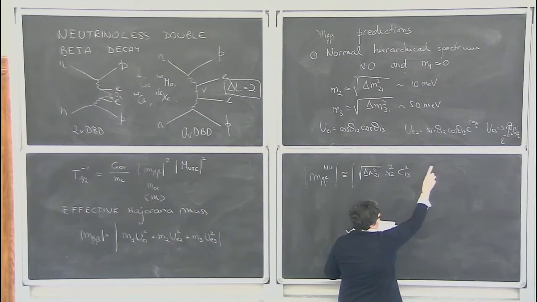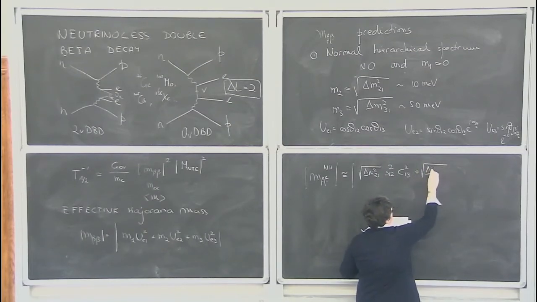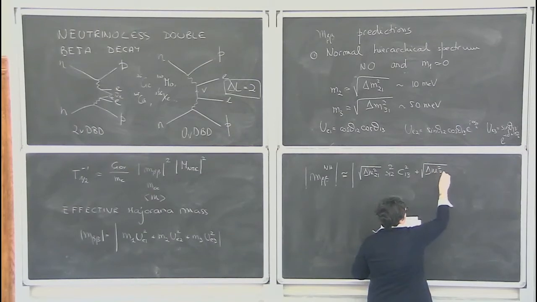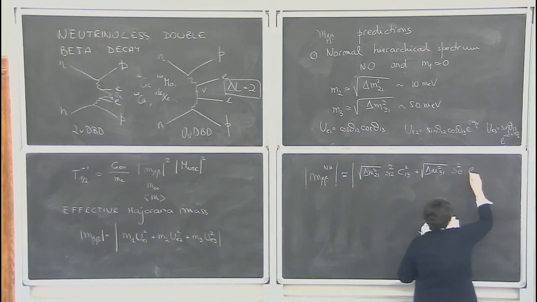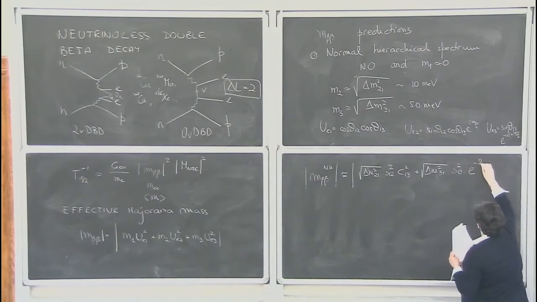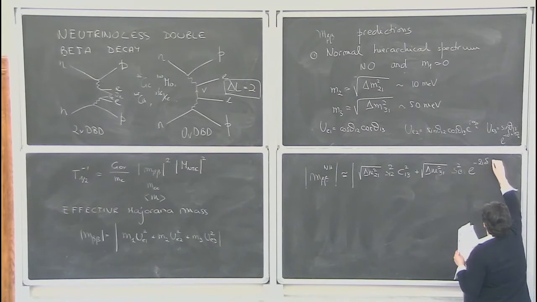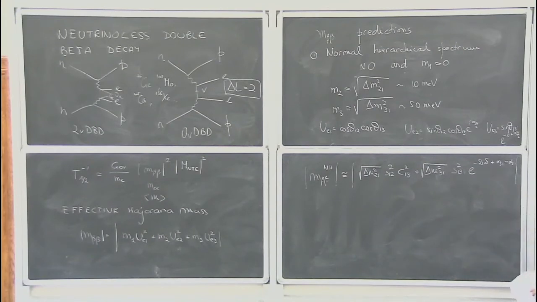Then I'm going to collect the common phase, plus the square root of delta m squared 3,1, sine square of theta 1,3, and then I have e to the minus 2i delta plus alpha 3,1 minus alpha 2,1. I've collected that term between the two and I took it off.